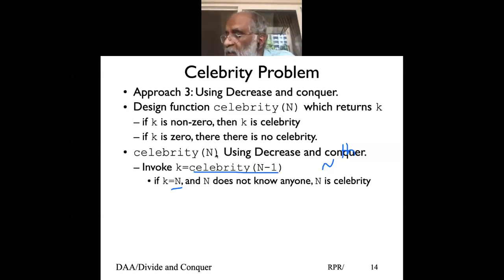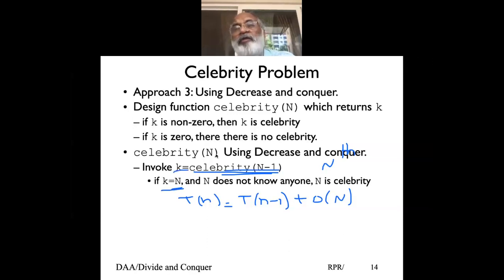So my time complexity would be Tn equal to T of n minus 1, for returning this, plus checking whether the nth person knows everybody or not. Because if the other person knows anybody, then it's not a celebrity.